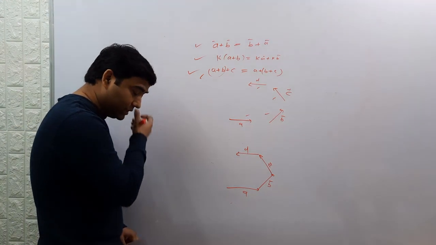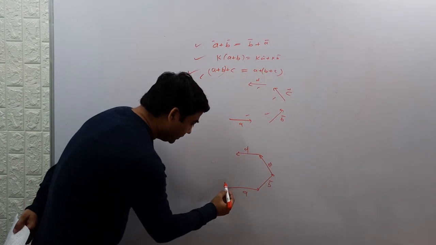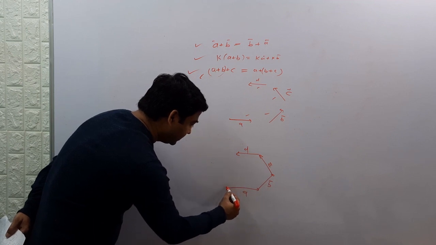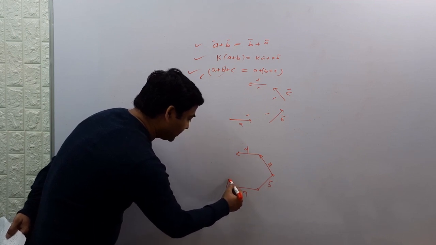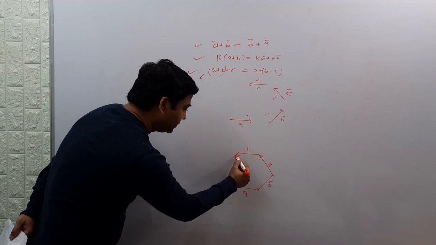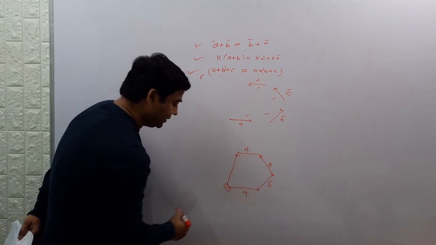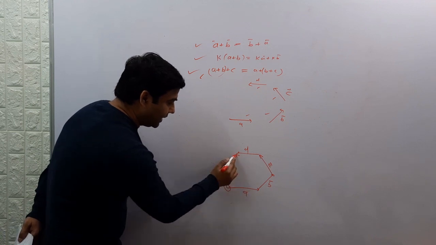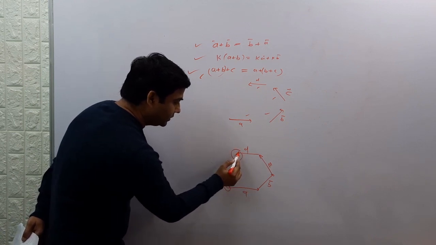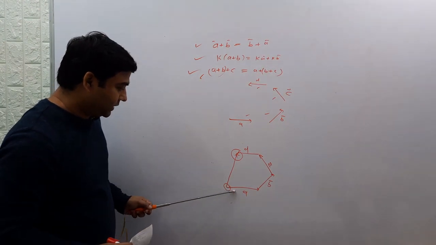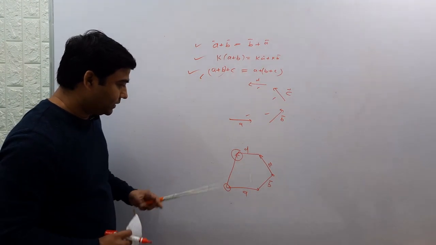Now polygon law says that the resultant of all these vectors will be the last vector completing the polygon in such a way that its tail should match with the free tail of the first vector and head should match with the free head of the last vector. This was the free tail of the first vector. This was the free head of the last vector.